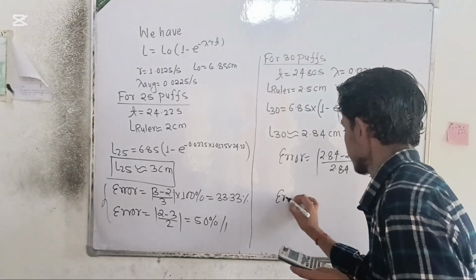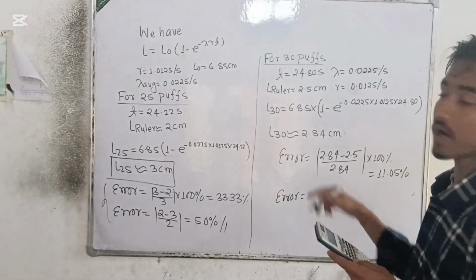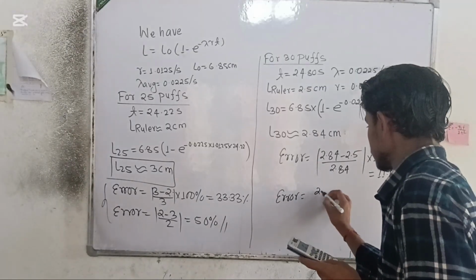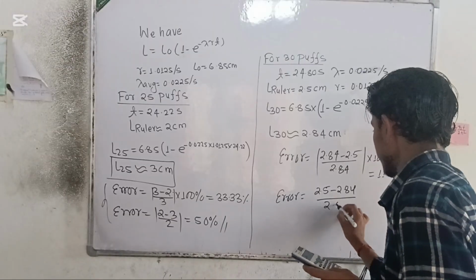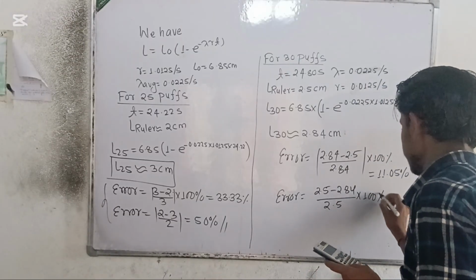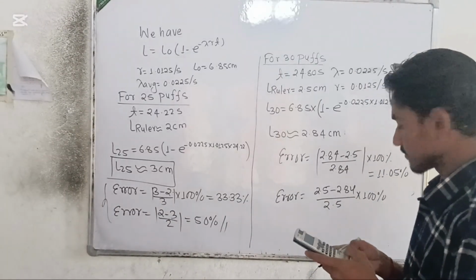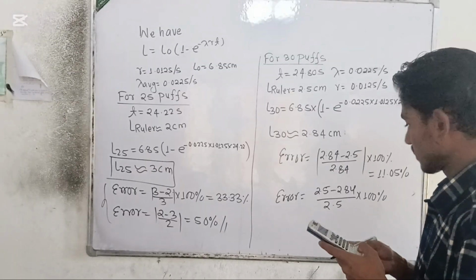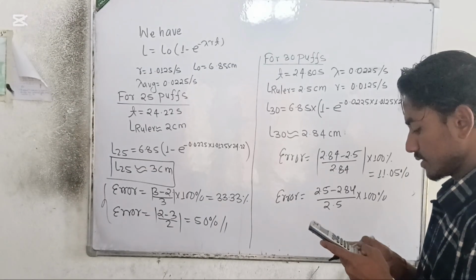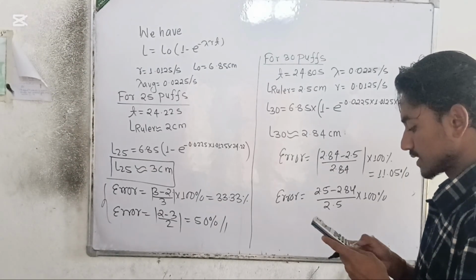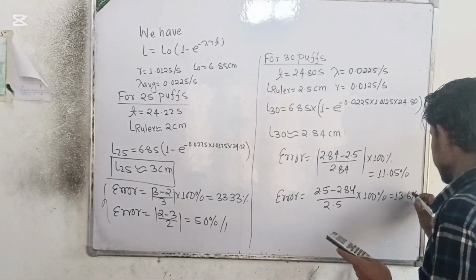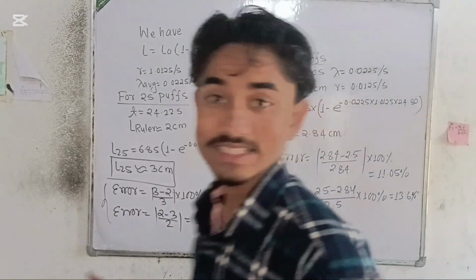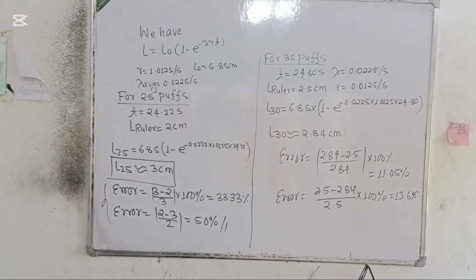So I am doing another one for error. The one might be true for, so it is 2.5 minus 2.84 divided by 2.5 into 100%. It approximately gives 13.6% as our error. So this is our error during the experiment.